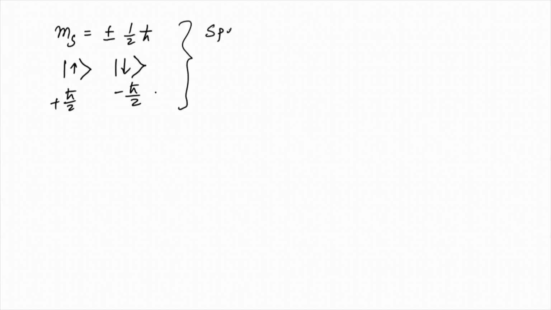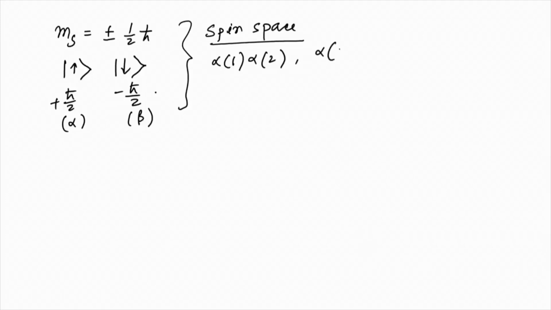The spin space, or the direct product space, is either you call it alpha, and this is called beta. So it is alpha 1 alpha 2, which means both are in upspin states; alpha 1 beta 2 means one of them is in upspin and the other in downspin state; alpha 2 beta 1, the first one is down and the second one is up; or both of them are down.